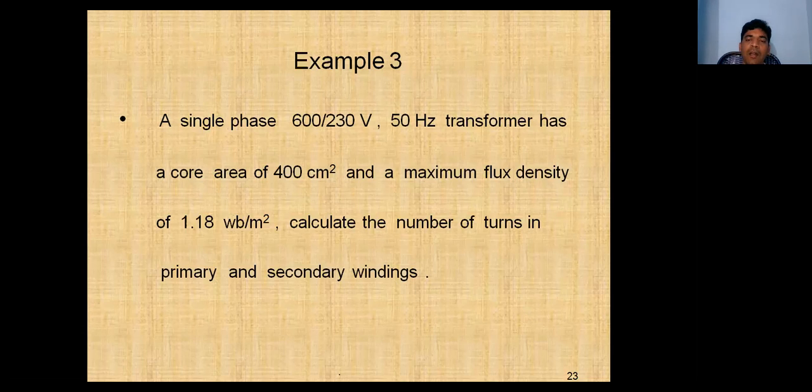Calculate the number of turns in primary and secondary windings.